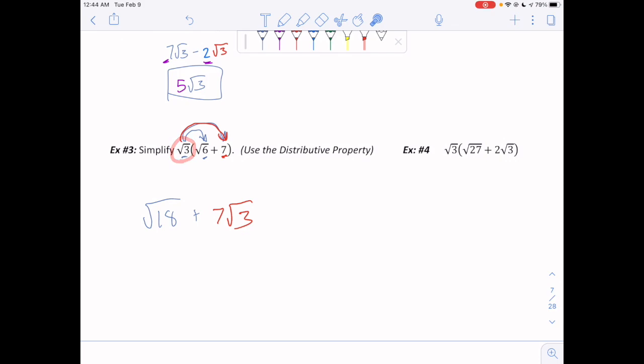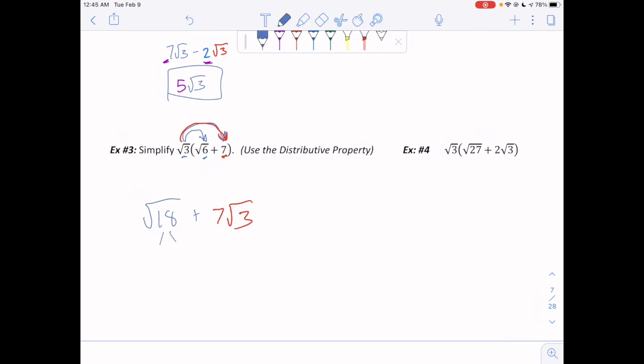Again, radical 3 times radical 6 is radical 18. And radical 3 times 7 is just 7 radical 3. Okay, you don't multiply them together. It's not 21, right? Because this is a radical and this is just a constant. It's just a whole number.